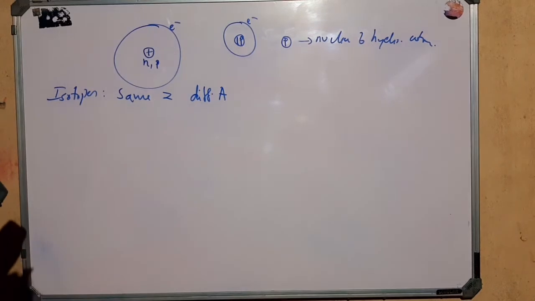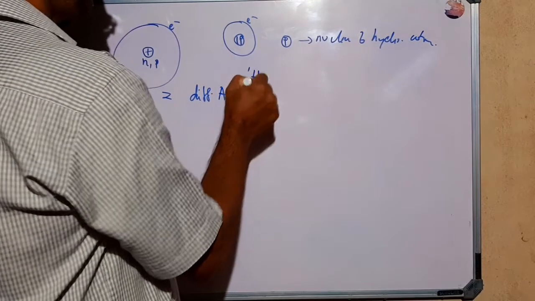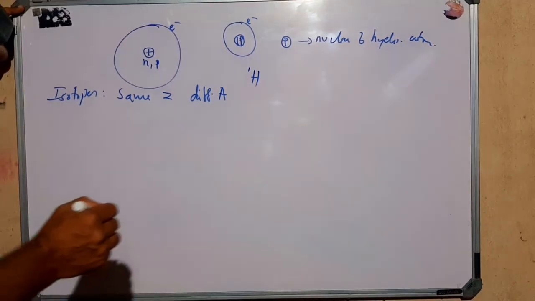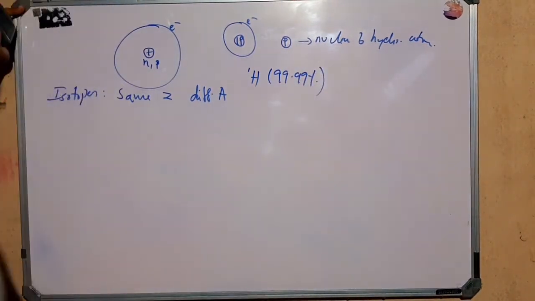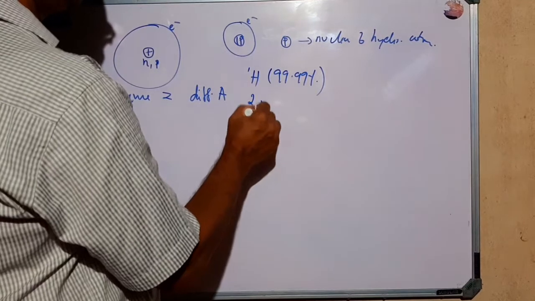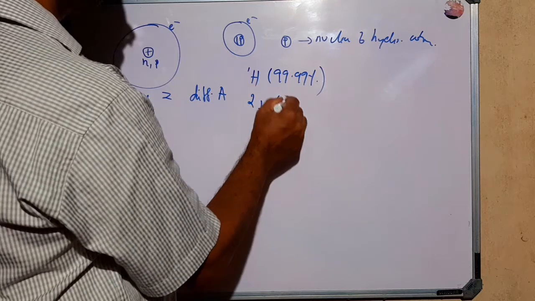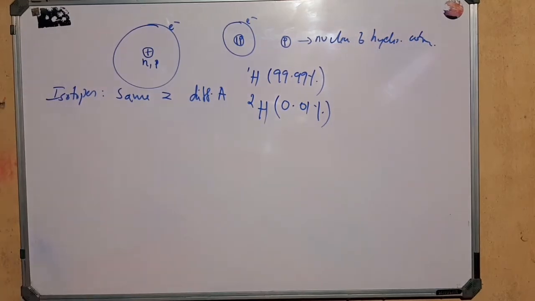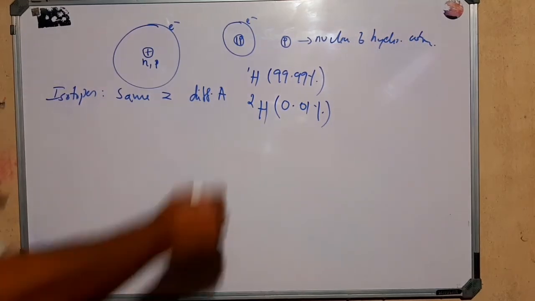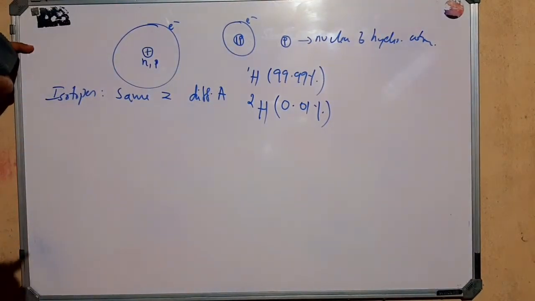See, when you consider hydrogen, hydrogen has two stable isotopes. That is 1H, which is 99.99%, and 2H, whose percentage is 0.01%. So this is called deuterium. The deuteron consists of what?